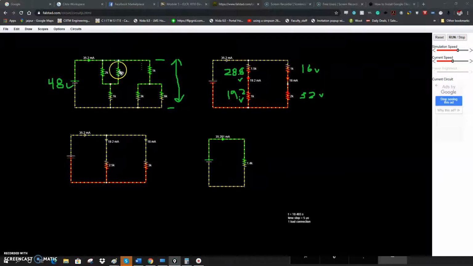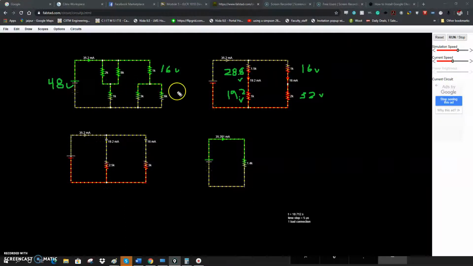But we've got parallels within those, so how do we solve those is the question. So let's take a look at that real quick. So we know we've got our 16 milliamps coming through here, and then that's going to split off. Now we could put the current in here, or we could look over here and say, oh, we've got 16 volts right there. We know that because this 1K and that 1K are the same thing.